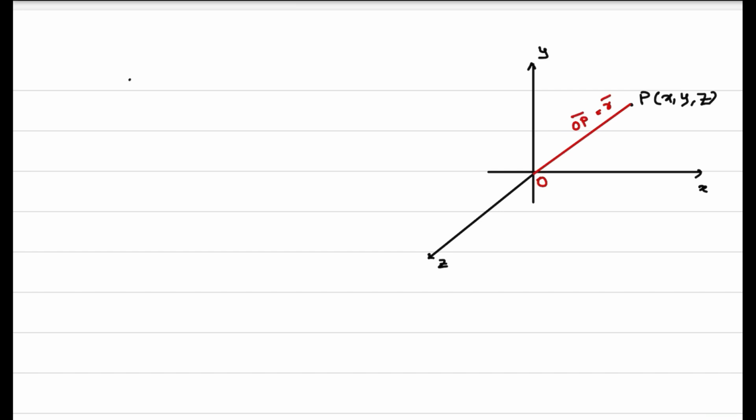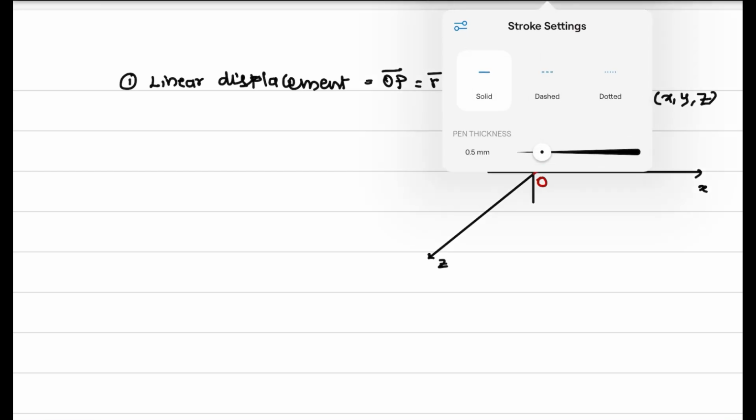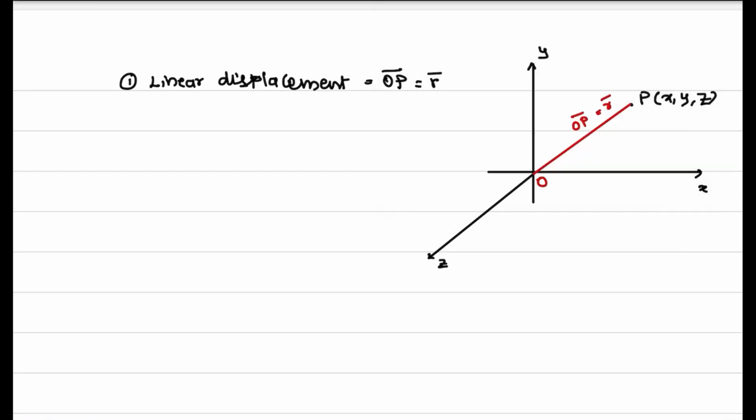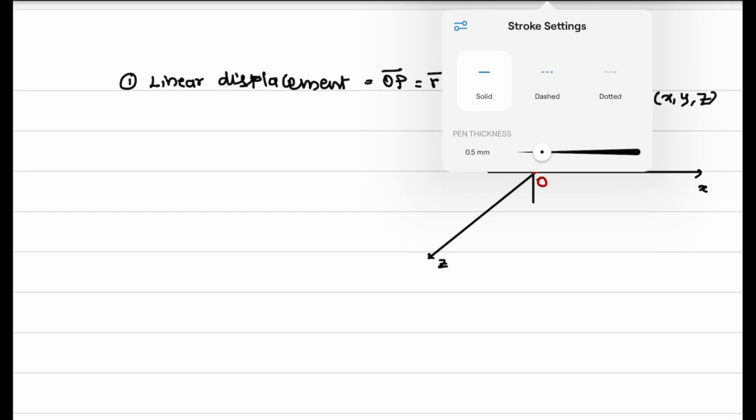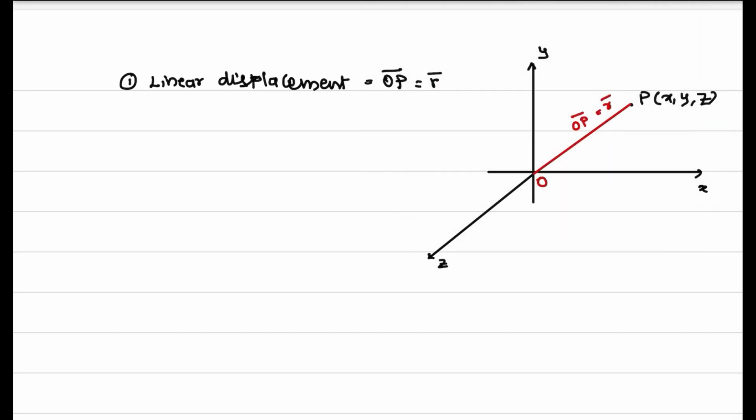One is linear displacement, that is equal to OP, that is equal to R. Let me reduce the thickness of the pen a little bit. Linear displacement OP is equal to R. That's a vector.